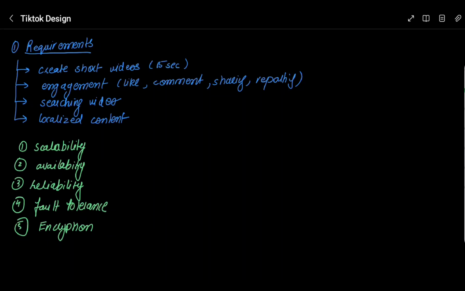So all those things can only be computed once you have numbers. In this particular case, let's assume daily stats. Let's say TikTok has like 300 million users per month.